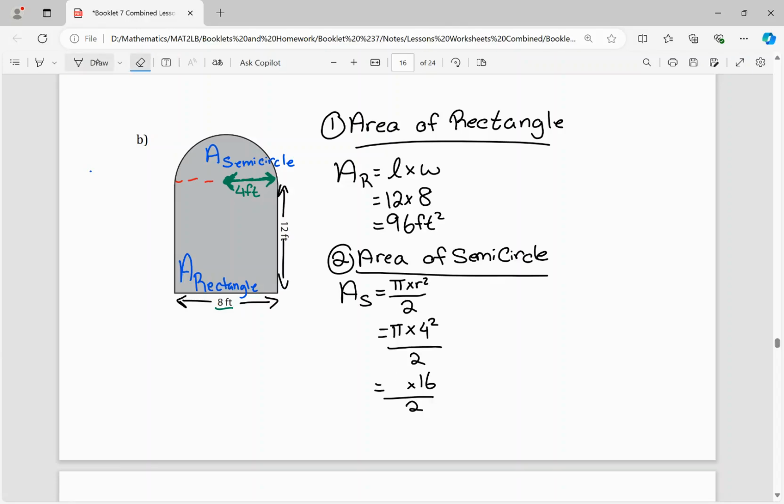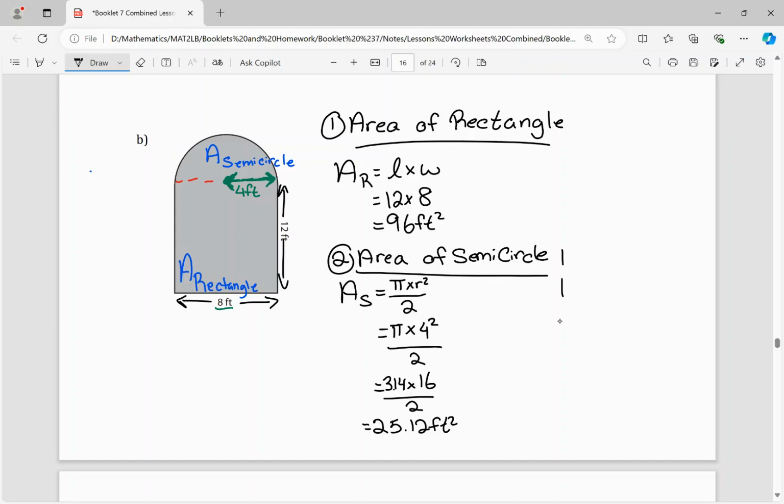Please remember that pi is 3.14. So 3.14 times 16 divided by 2 is 25.12. And that is feet squared. Good.